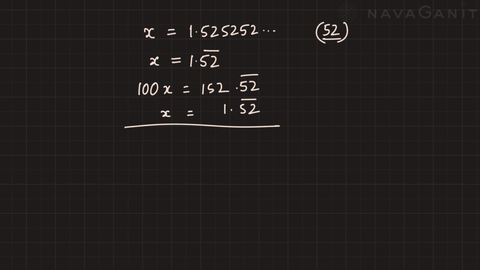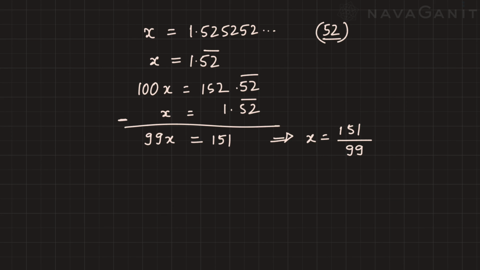Now all I need to do is subtract one from the other, these two equations. So 100x minus x would be 99x, which would be 151. So that implies my x is 151 upon 99. So this we can simplify if required, or convert to a mixed fraction if required.